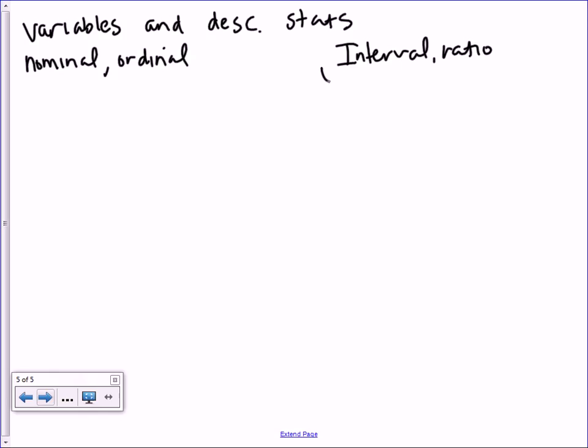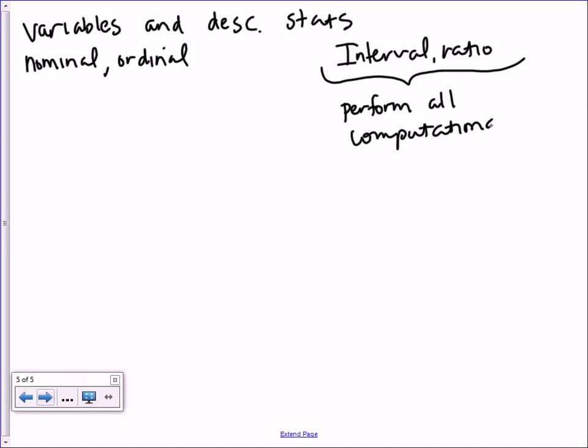With interval and ratio, we can perform what we call the computational descriptive statistics.